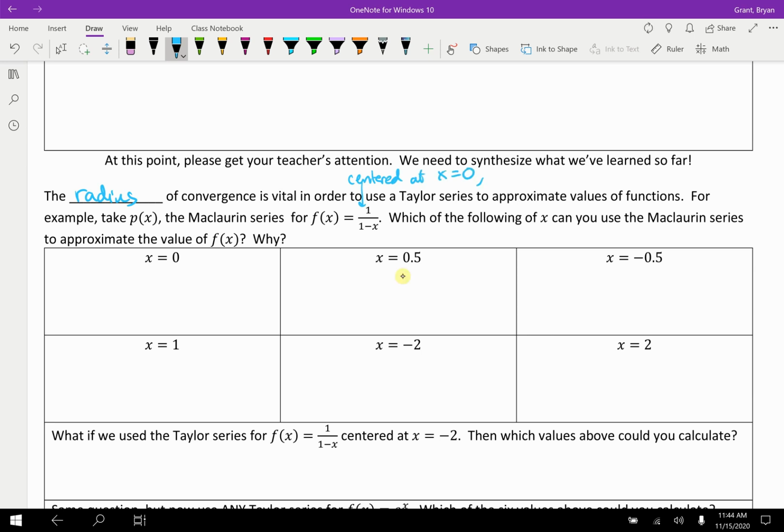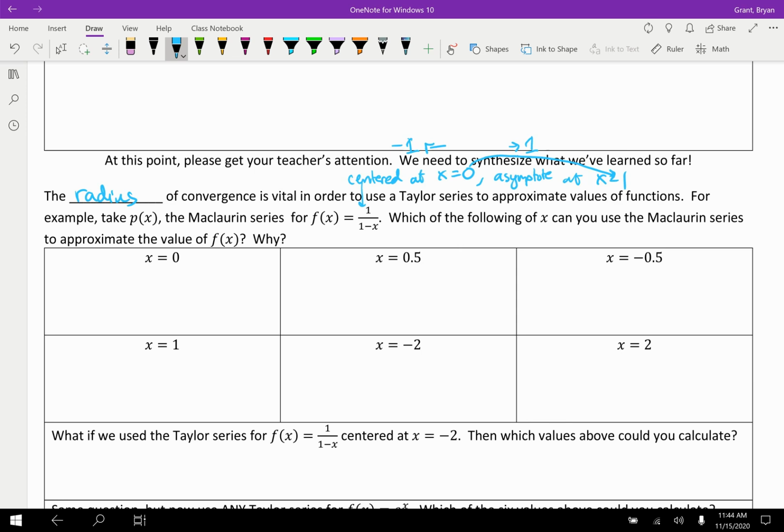And we also need to remember that there's an asymptote at x equals 1. Well, if we have the center and we know there's an asymptote at 1, then I think that means at most we can go 1 to the right, and we can also go 1 to the left of 0.